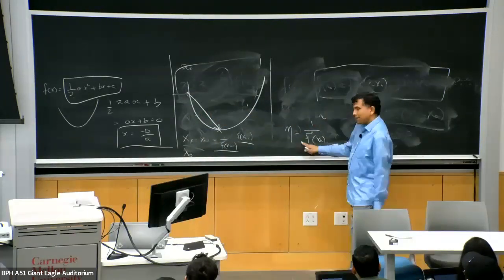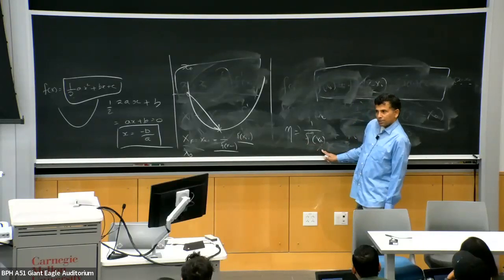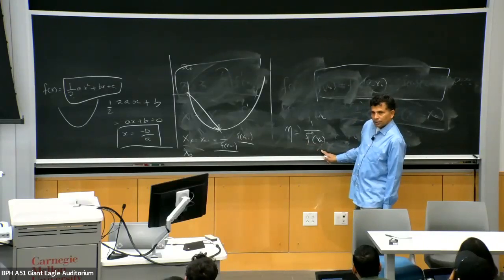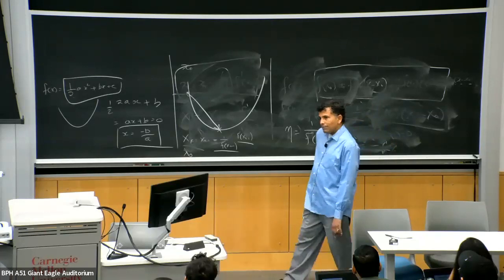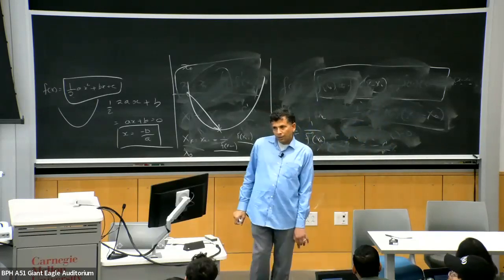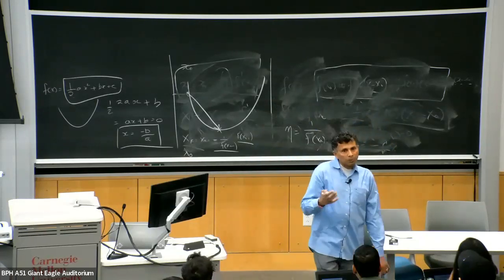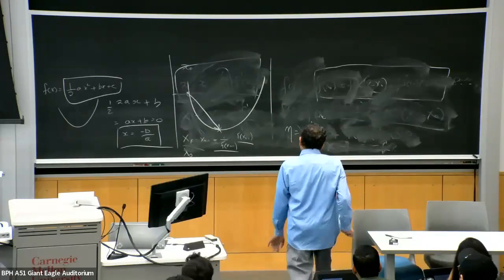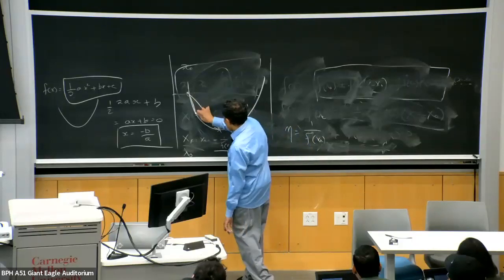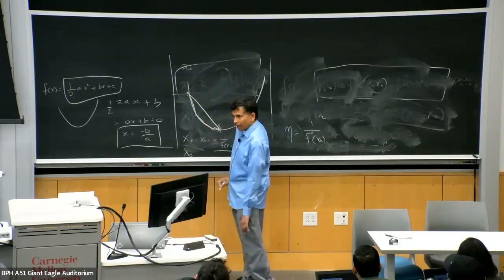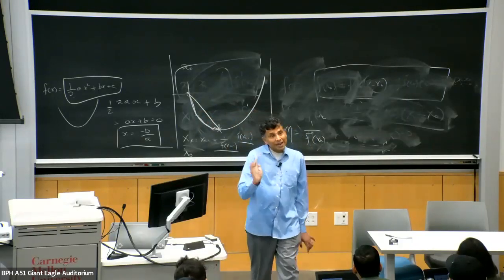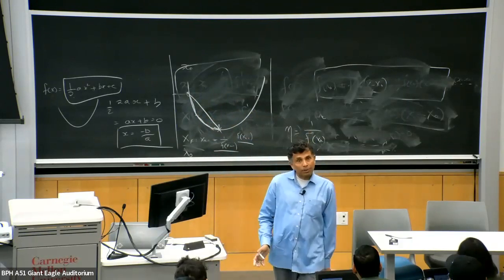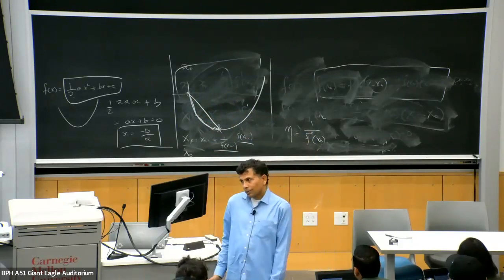If my eta is less than this term, what happens? It doesn't quite reach the optimum yet. If eta is less than the optimum, what will happen? I will need more steps, right? So I'm going to go here and here and here, and I'm going to go down, right? If eta is greater than 1 over f double prime, what's going to happen? It misses the optimum.